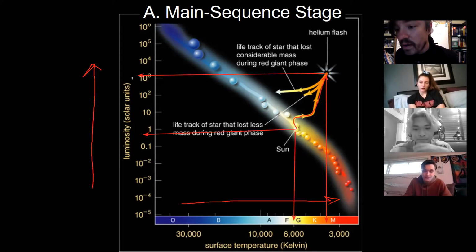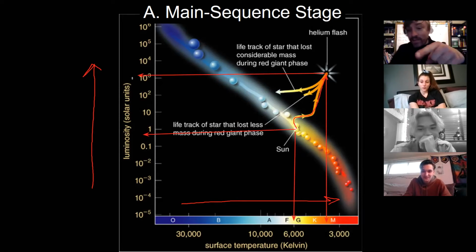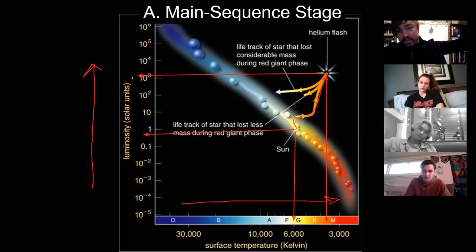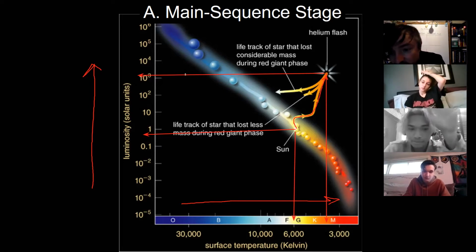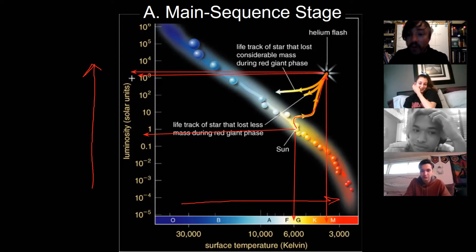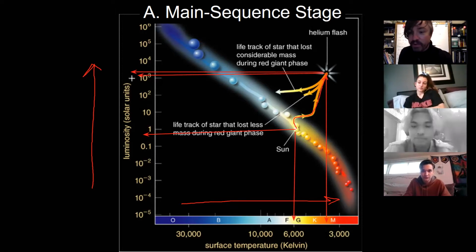Surface area. More surface area. If the star expands, maybe it's a cooler black body, but it has more square meters at its surface to radiate away. That means if you're on Earth, you're in trouble, because the luminosity of the sun is going to go way above what is comfortable for most organisms.